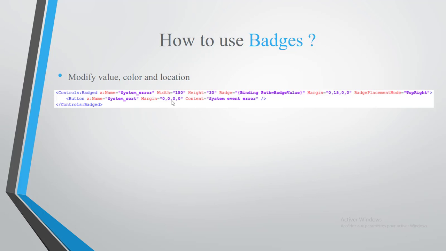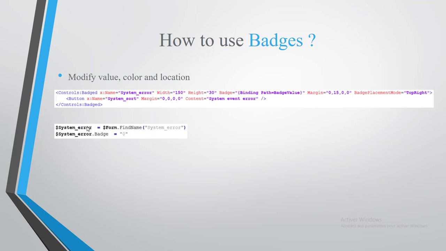See here the XAML part used to display a badge and the code I use in my PS1 file. As mentioned before, you have to add an attribute x:Name to your control in order to add an action in your PS1 file.